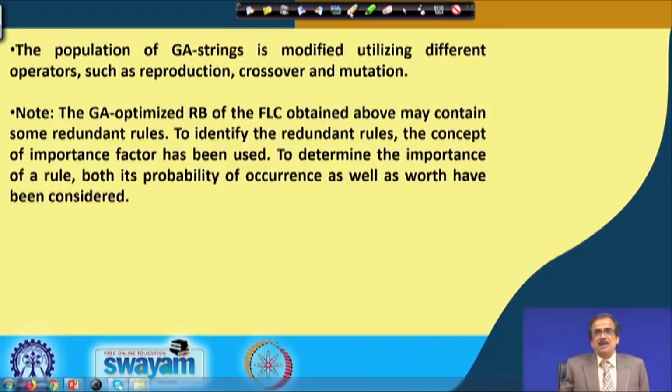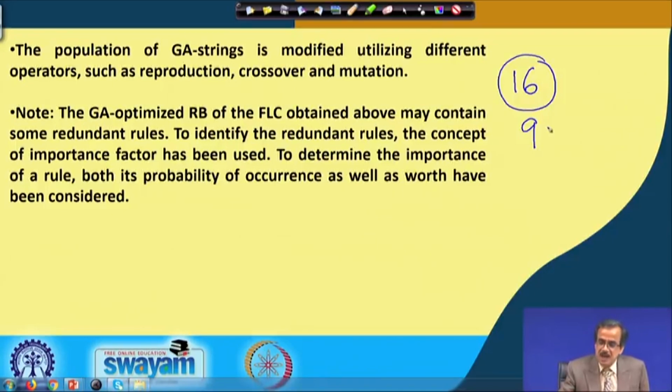Supposing that I have started with, say, 16 rules. Now, if I do this GA based tuning which I have already discussed, that is the automatic design of a fuzzy logic controller using the genetic algorithm, there is a possibility that I will get, say, 9 good rules out of these 16.